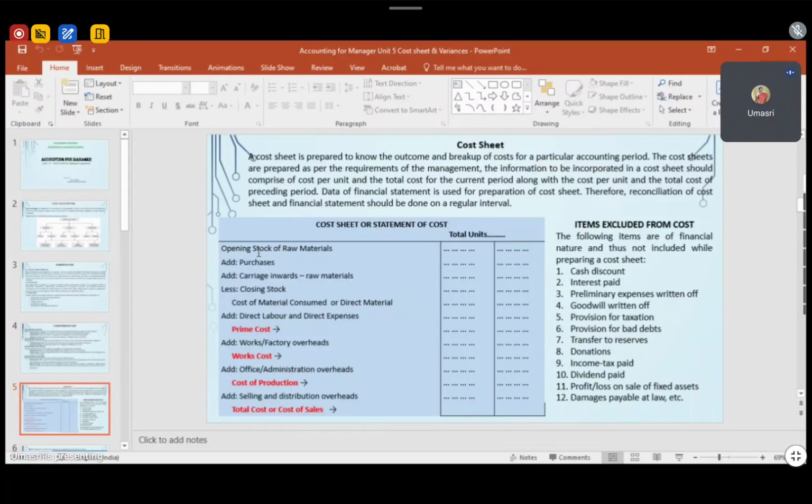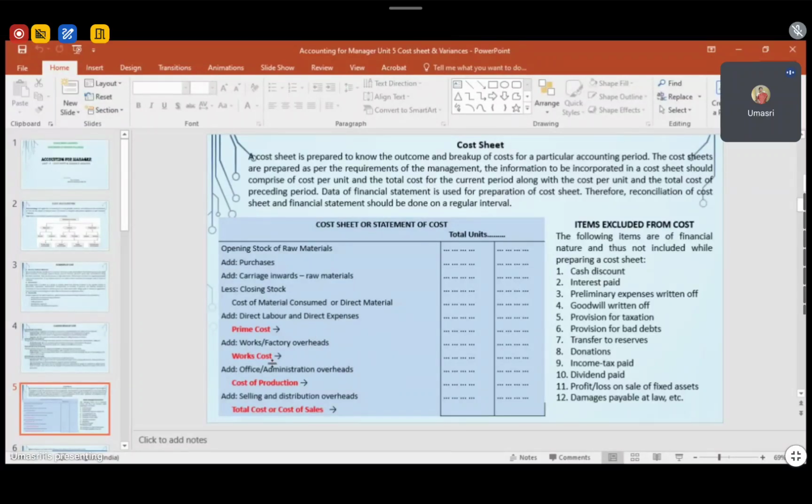First take the direct material consumed for production, direct labor, direct overheads. If you add these three, it is called prime cost, which is used for production during the year or month.